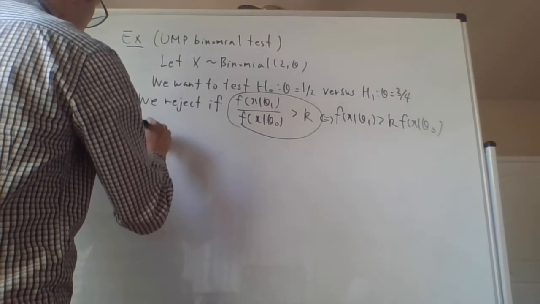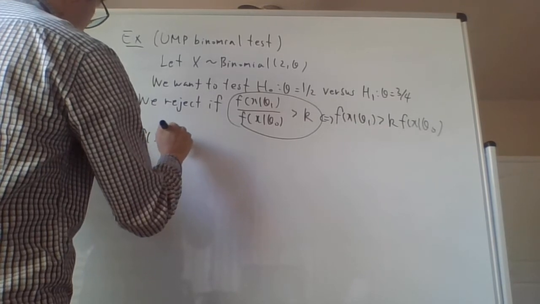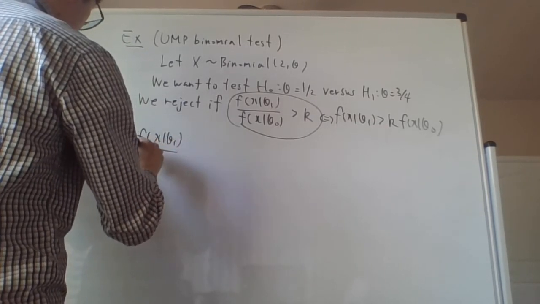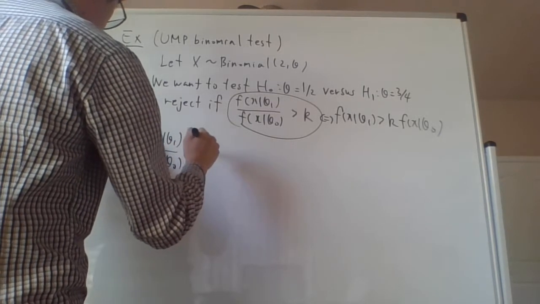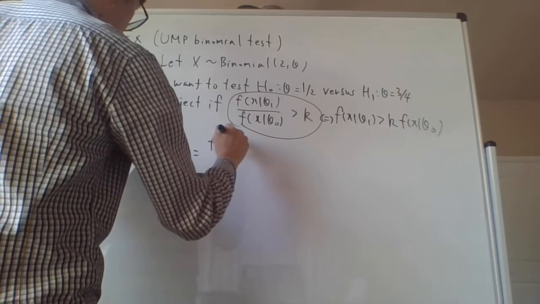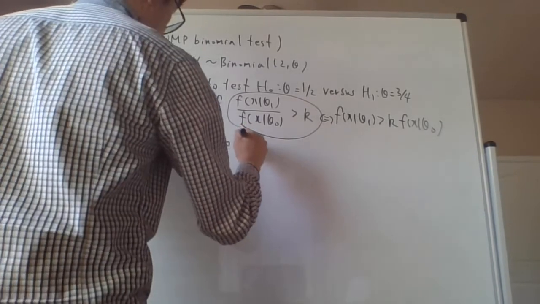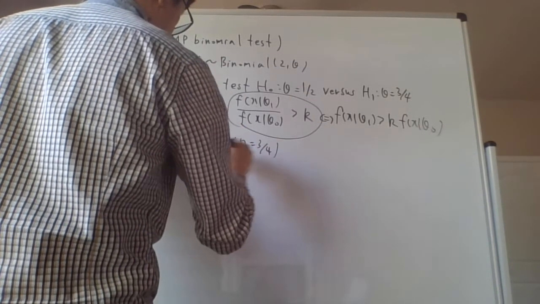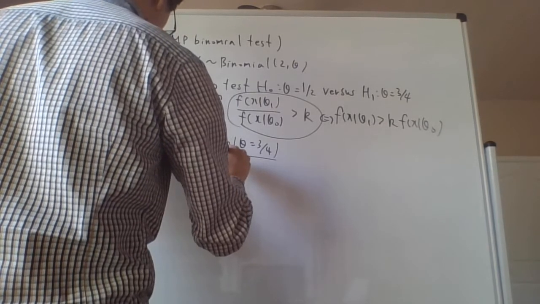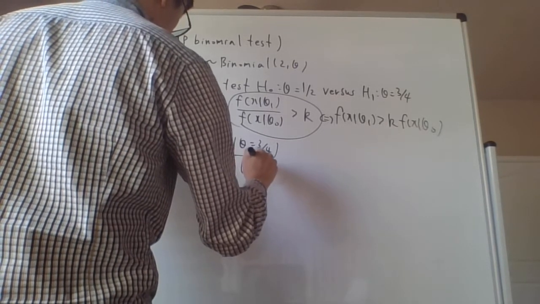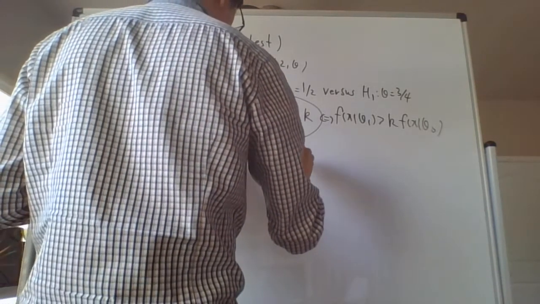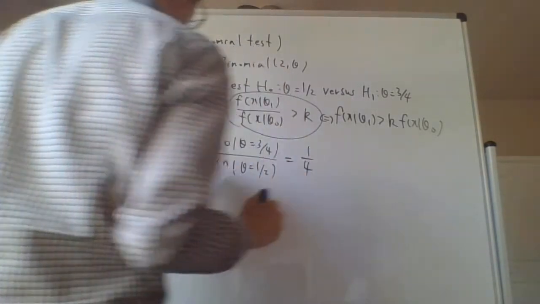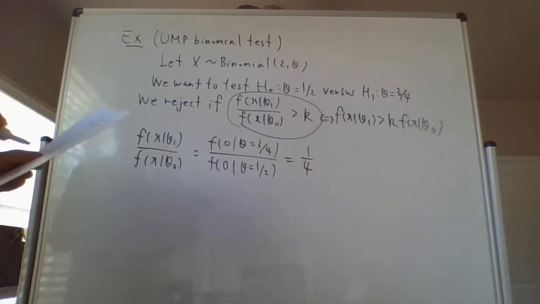So if you calculate this one, when x equal to 0, this ratio is 1/4.